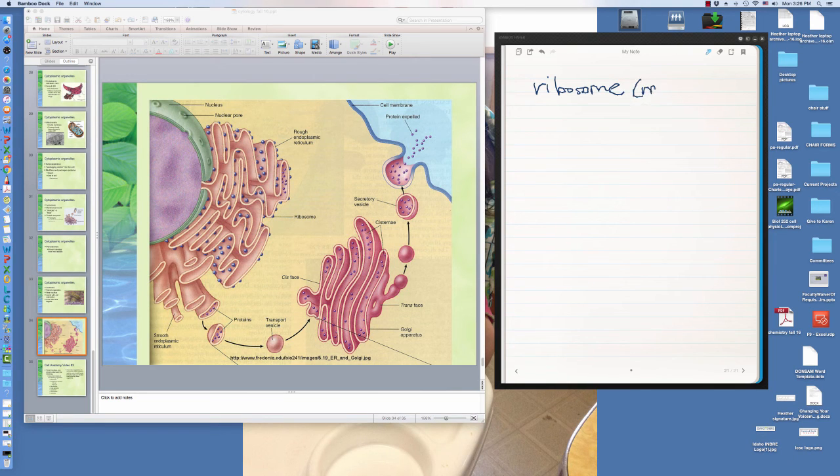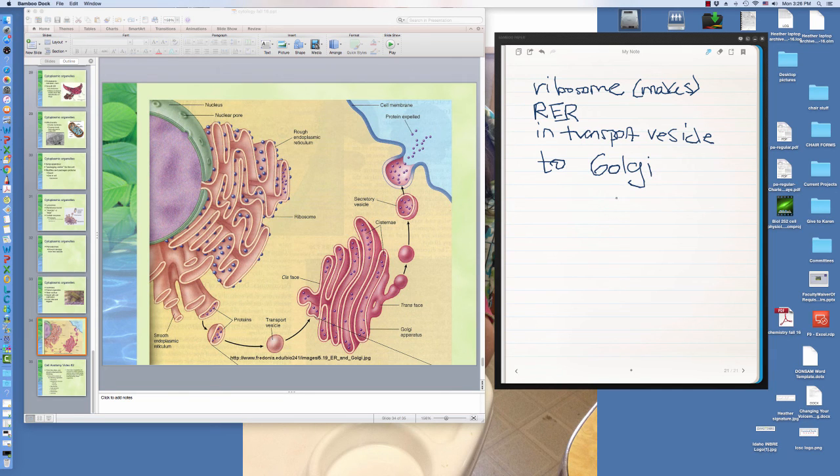So that's what makes the proteins, and we'll talk about how that process works in the next section. Then they are transported via the rough endoplasmic reticulum in what is called a transport vesicle. Vesicle just means membrane-bound substance to the Golgi apparatus.